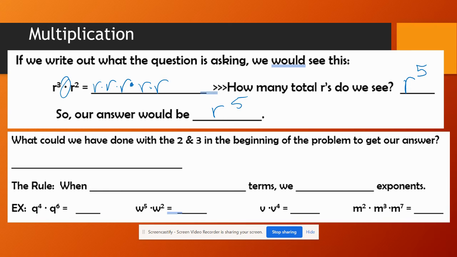So what could we have done with that original 2 and 3 exponents to get to 5 without having to write all that out? Well, we could have added them.